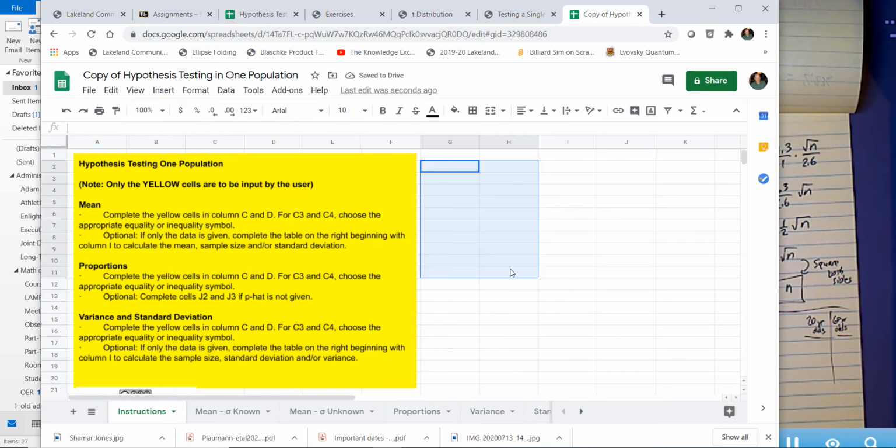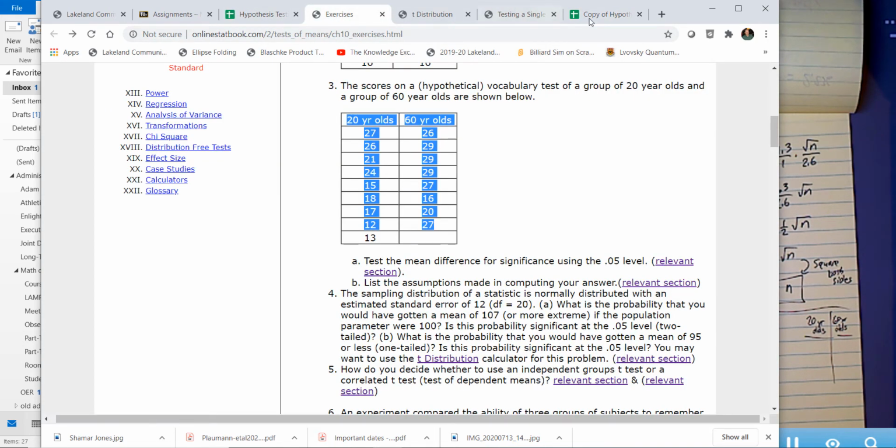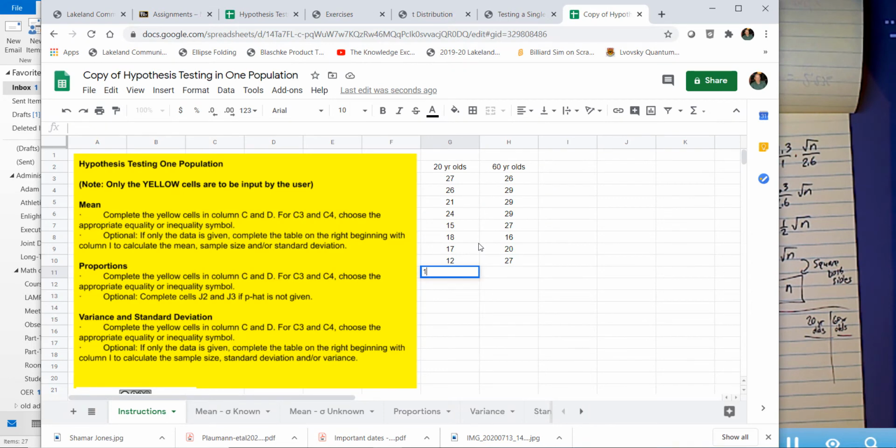Let's copy 8 and 8 plus the labels. So then probably go here. There they are. And then I just need that extra value there. So what was that? That was a 13. So I'll put that here.